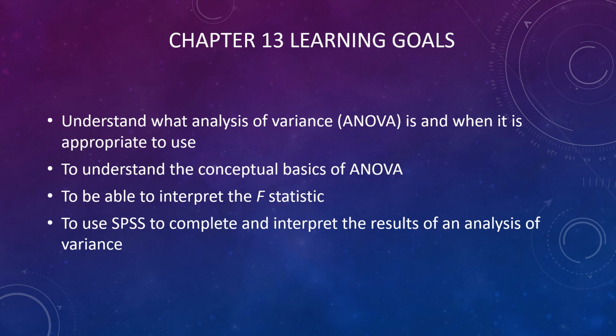And then you're going to get some hands-on work using SPSS to complete and interpret the results of a one-way analysis of variance. We'll leave it there. And it's fairly straightforward. Actually, it's very similar to running a t-test, but we do one added step, and that's called a post hoc analysis. And it's fairly straightforward, but we'll get to that when we get to that.